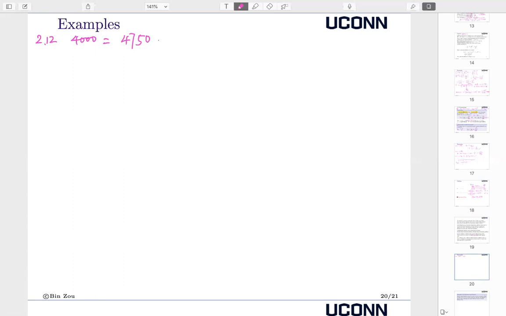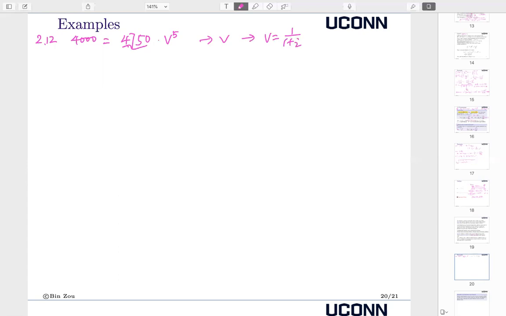You discount back by a discounting factor v to the power of 5, because the payment is a one-time payment at the end of 5 years. So you solve, you will get v. Once you get v equals 1 over 1 plus i, you know what is i.